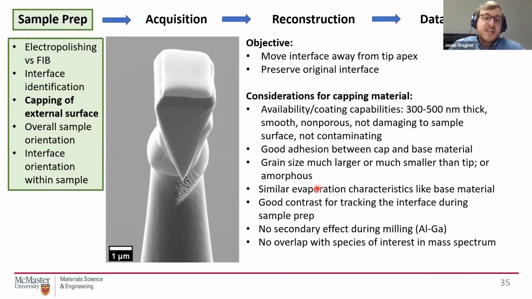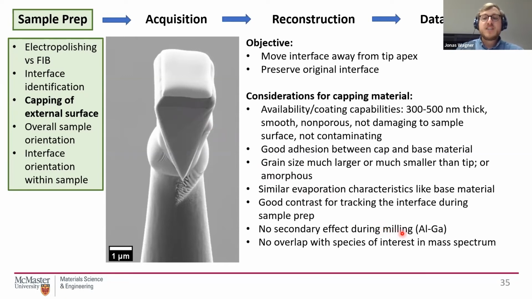Also, maybe a secondary thing to consider is that nice elemental contrast is good for sample prep, because you will be able to more easily track your interface during fabrication in the FIB. Also, you should consider that for some specific material combinations, there are secondary effects.